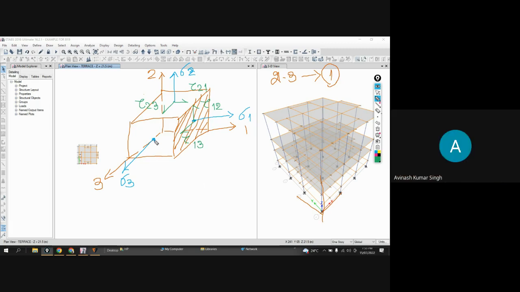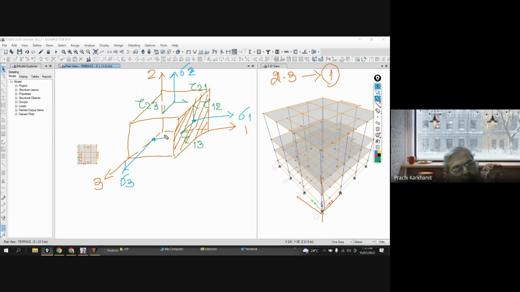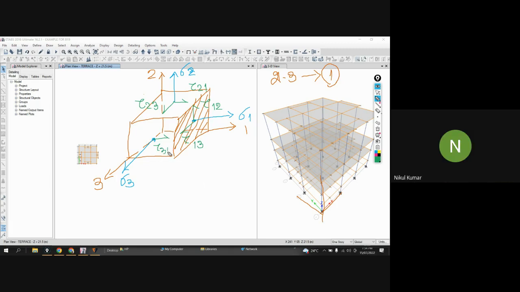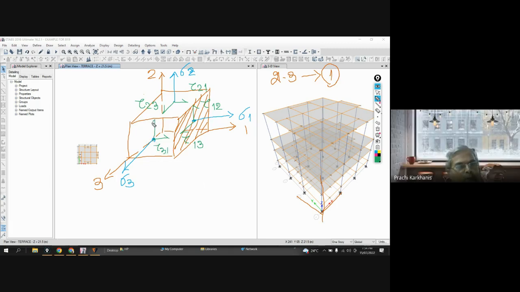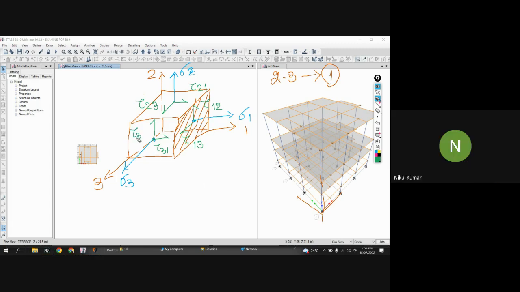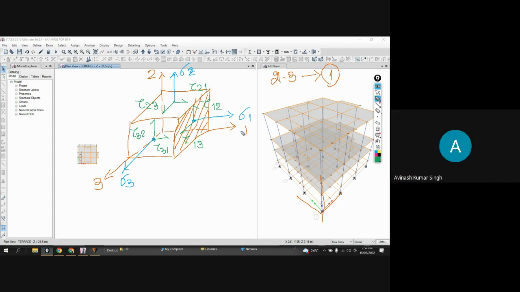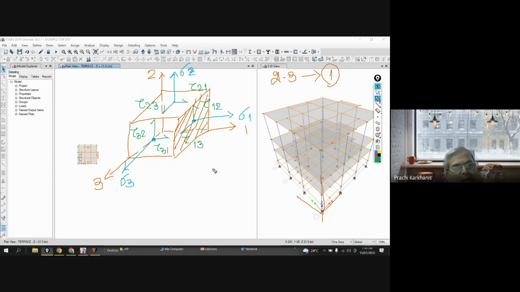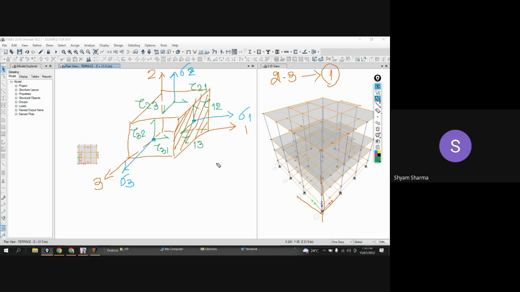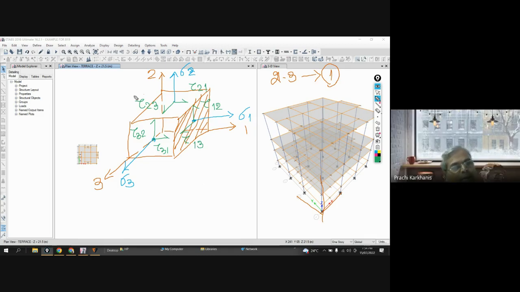Similarly, there will be one more stress on the plane 3, that is tau 3 1 in the direction of 1, and one more stress tau 3 2 in the direction 2. Now in all, how many stresses or forces are there? 9. 3 normal and 6 shear. Not torsional, 6 shear.